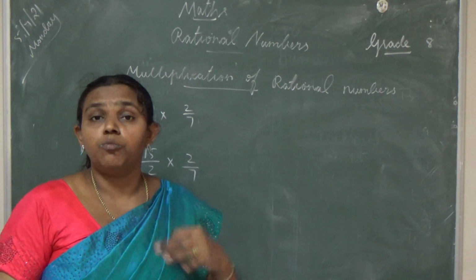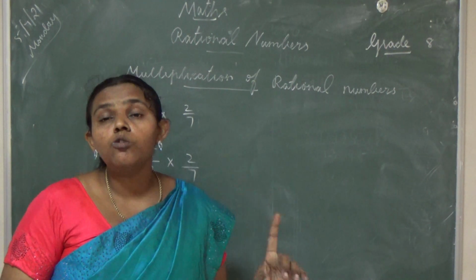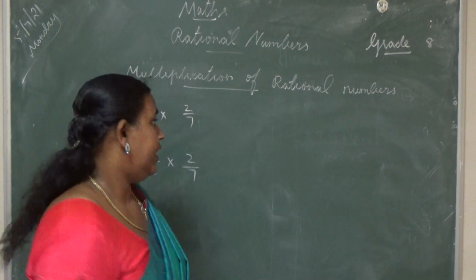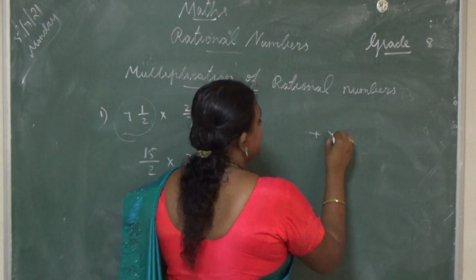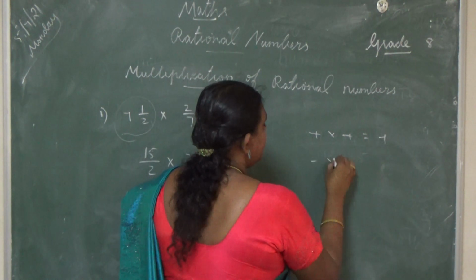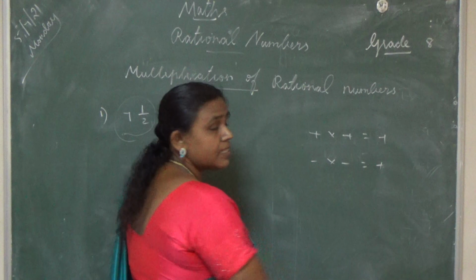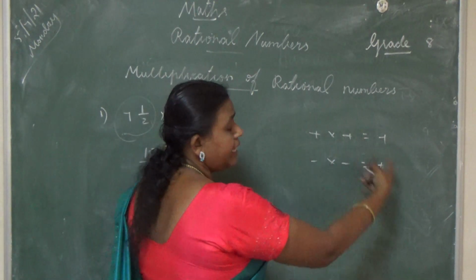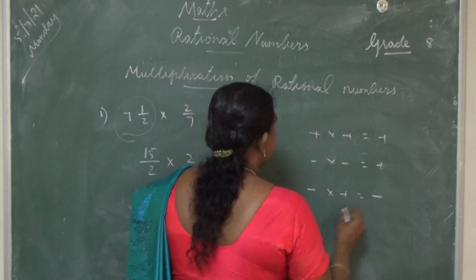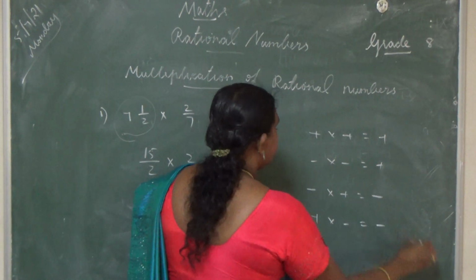You must know the rules of multiplication of rational numbers. I explained: plus into plus means plus, minus into minus means plus. If the numbers have the same sign, the answer is plus. Minus into plus means minus. Plus into minus means minus.